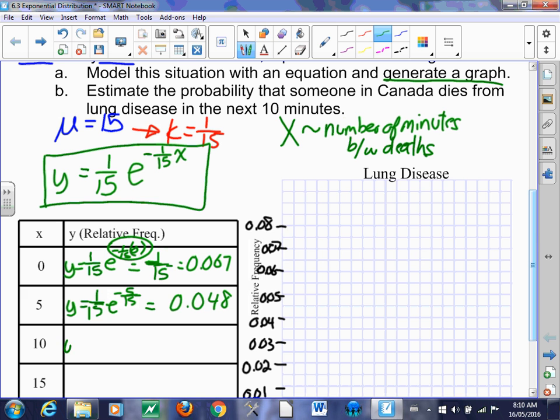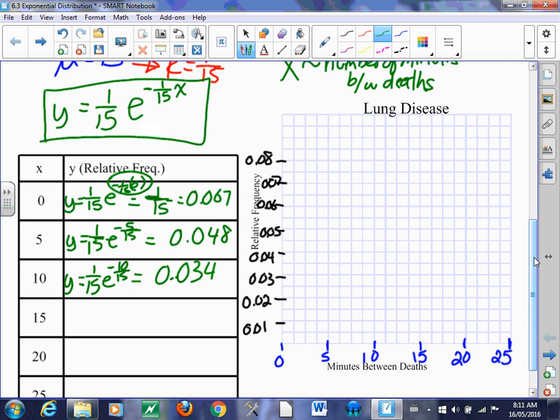Then you sub in the next one, so it's going to be negative 10 over 15 as the exponent. And hopefully your calculators are working. You may need to put an extra set of brackets in on your fraction. We'll have to see how it works for you. If you're having trouble, please see me in class about these calculations.